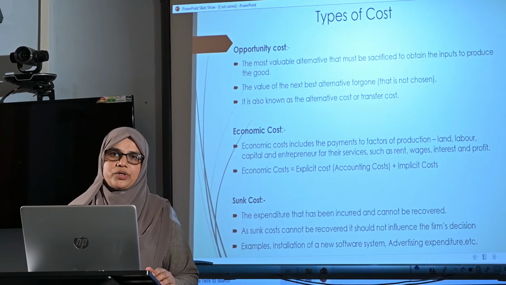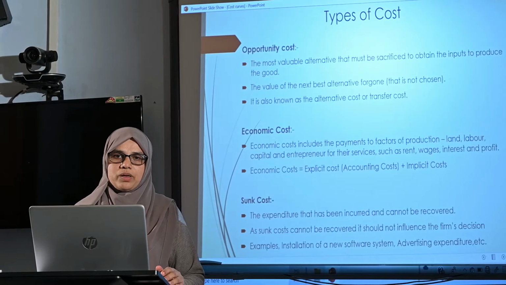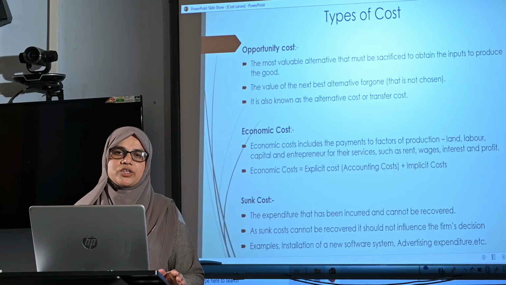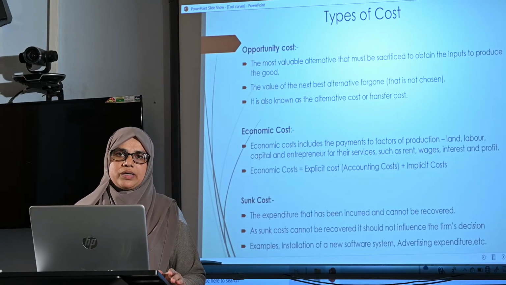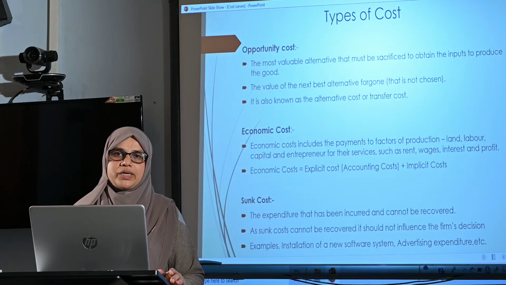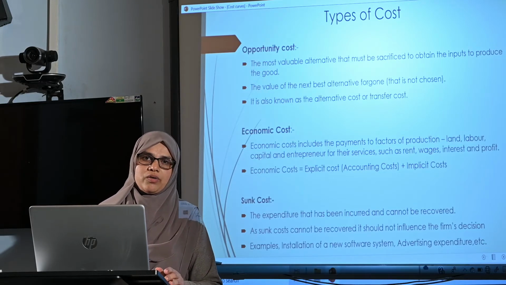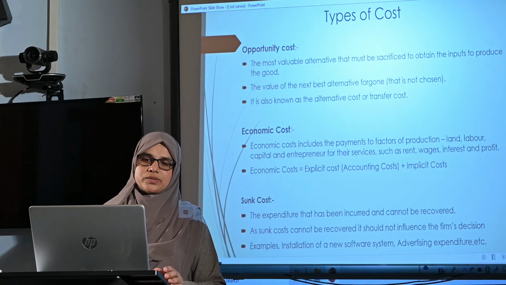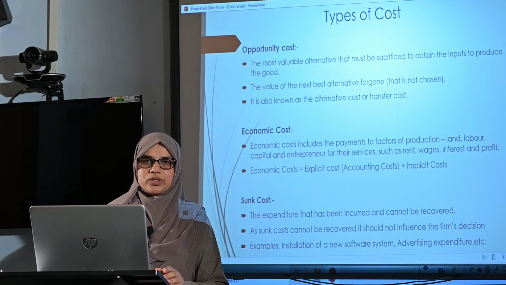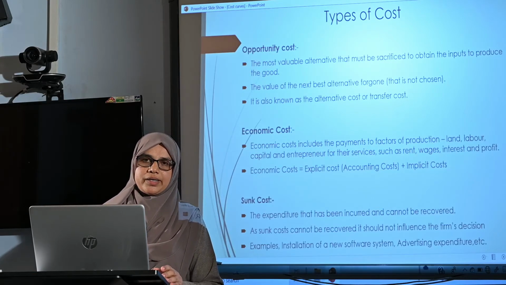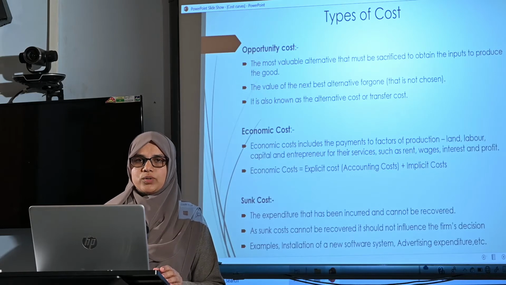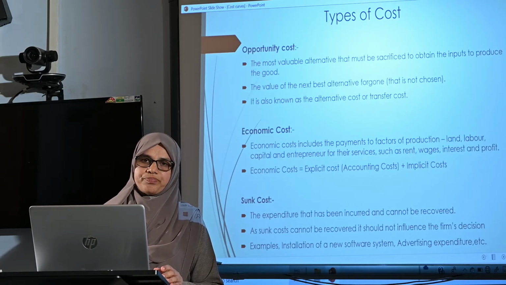Opportunity cost of using a particular input in the production of a particular commodity is the value of that commodity that must be foregone for some other alternatives. Opportunity cost is also known as alternative cost or transfer cost.